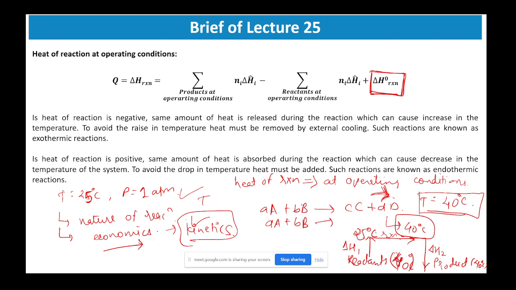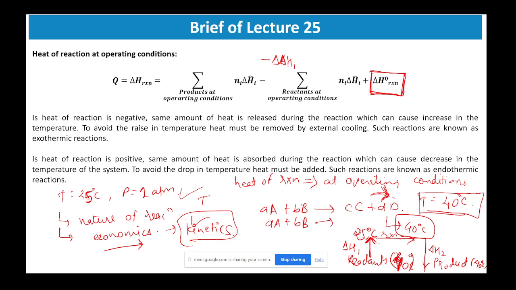Since this is the pathway, heat is additive. You are taking from 40 degrees Celsius to 25 degrees Celsius. Since you need to remove a certain amount of heat, this has to be negative, so subtract delta H1.